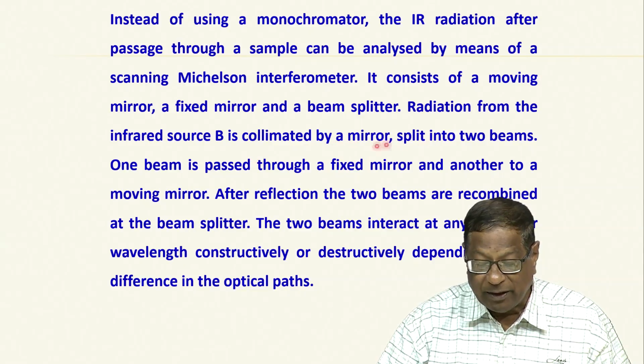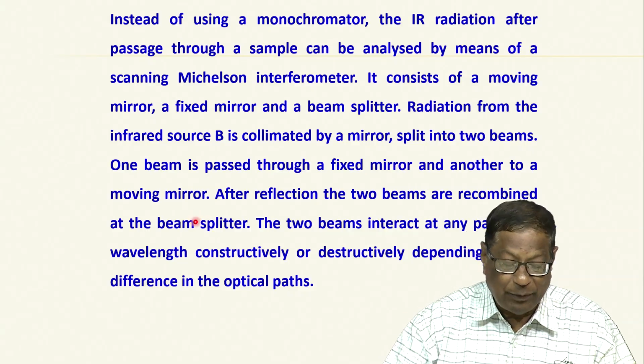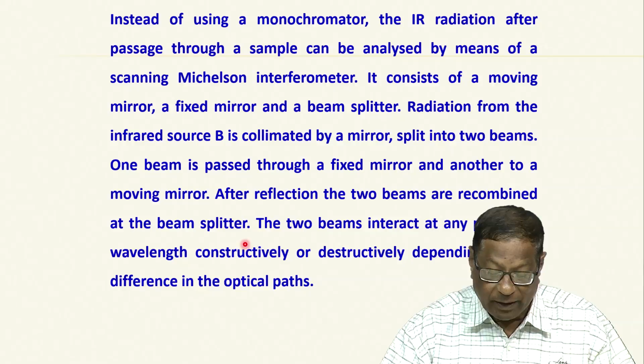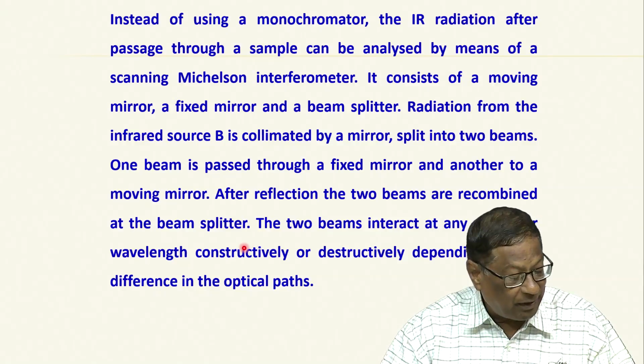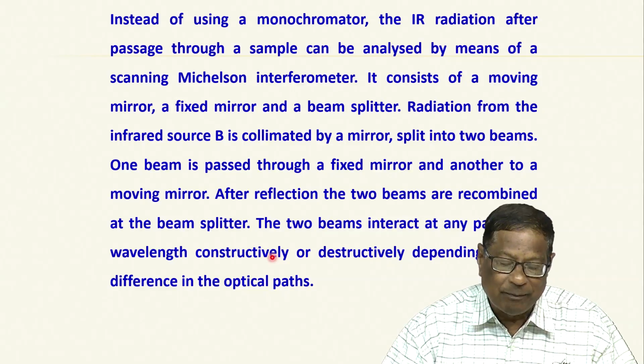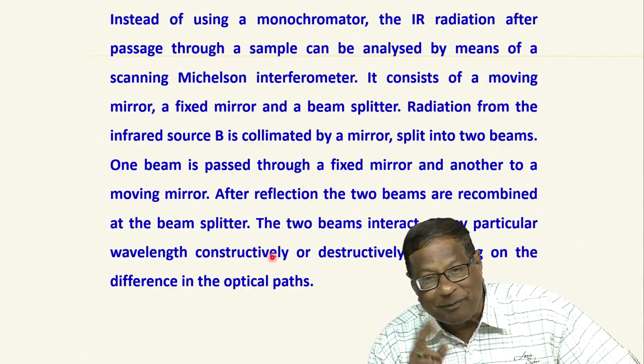So, the beam is split into two beams, one passed through the fixed mirror, the other through the moving mirror. After reflection, the two beams are recombined and they interact at any particular wavelength constructively or destructively depending upon the difference in the optical path. Now, this optical path difference is introduced because of the moving mirror.